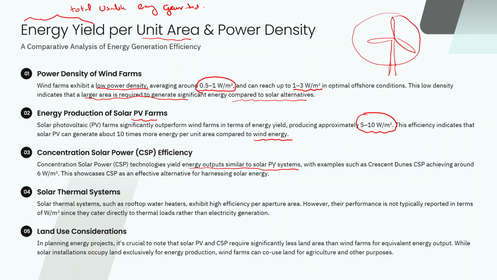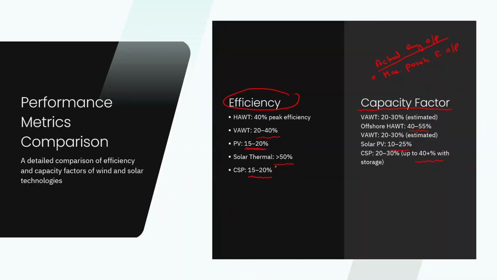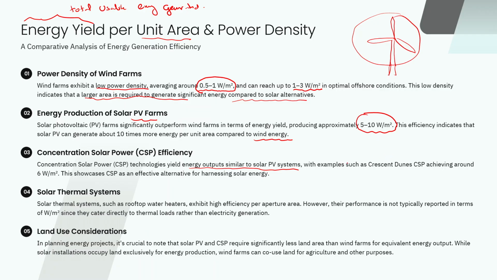So if you compare, the capacity factor is about 10 to 25% here, 20 to 30%, so very close by, right?